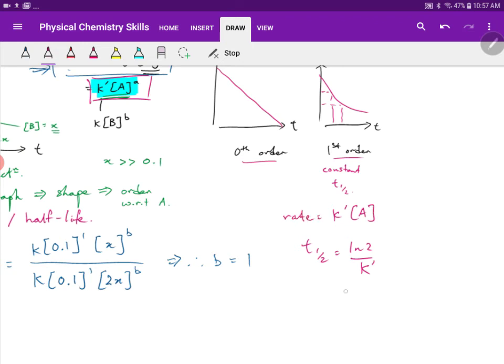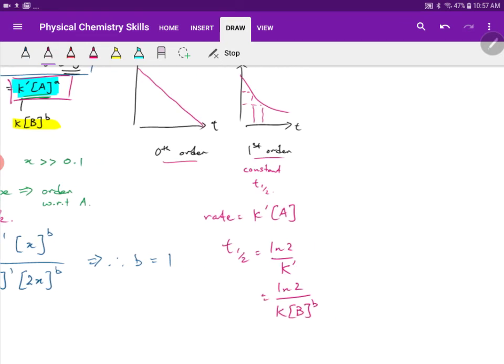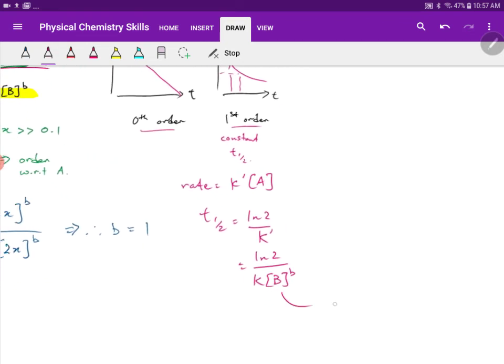And this k', as we have written out just now, is k times [B] to the power of b here. And so what you realize is that when I change this value from x to 2x, and my half-life has decreased, it has halved, what this means is that it is first order with respect to B.